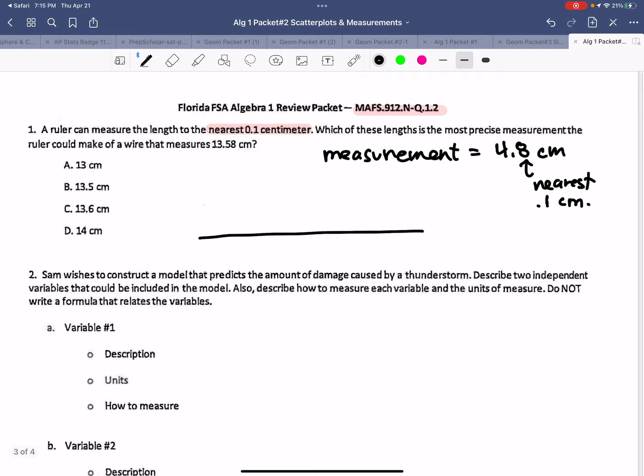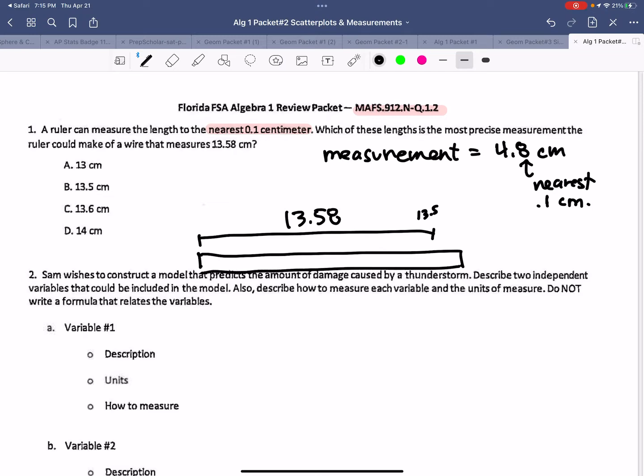Which of these lengths is the most precise measurement that the ruler could make if a wire really was 13.58 long? When we look at this, it's going to be like 13.5 on my ruler. So this is my ruler right here. And this length is going to be somewhere between 13.5 and 13.6.